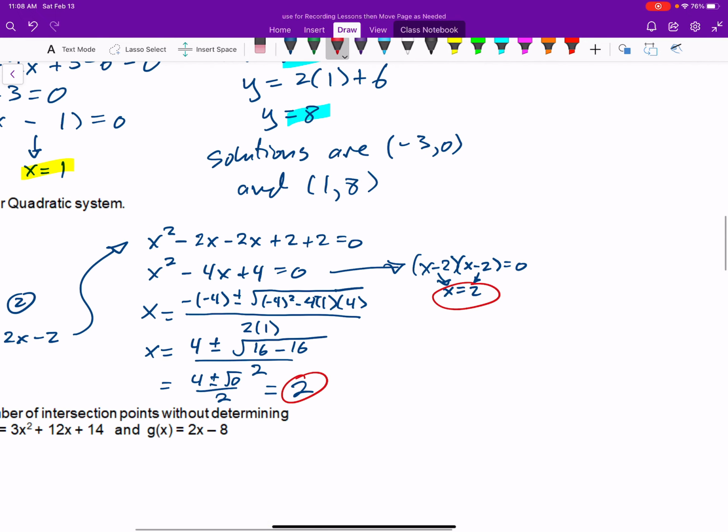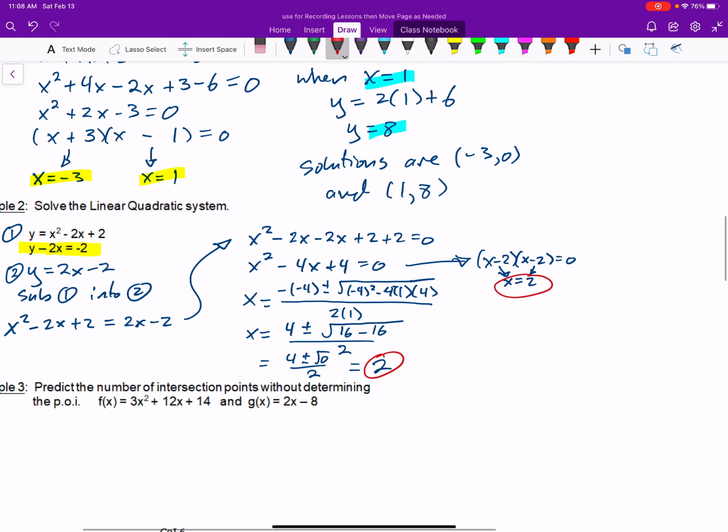All right, so I can plug that into either equation, but again, I'm going to substitute it into the linear equation. So when x equals 2, y is going to equal 2 times 2 minus 2. So I'm plugging this 2 here into the equation.